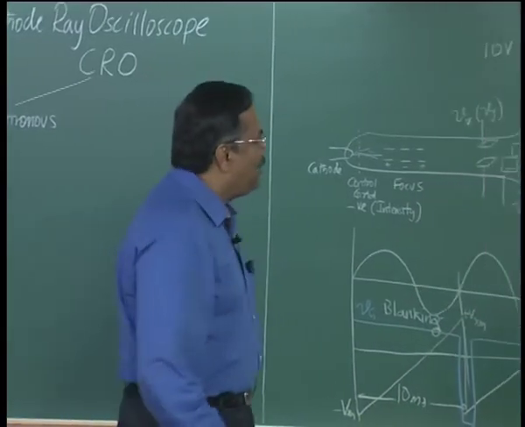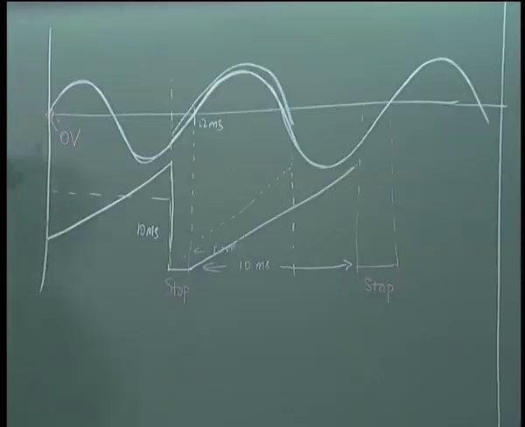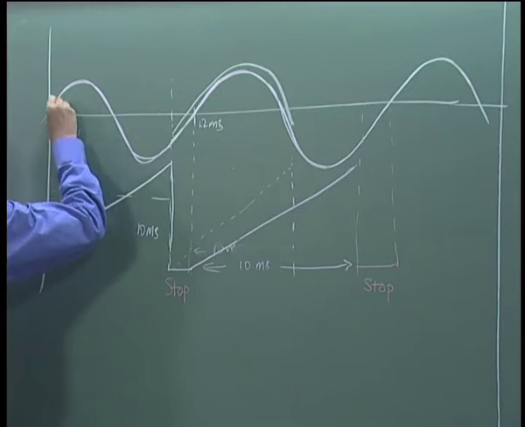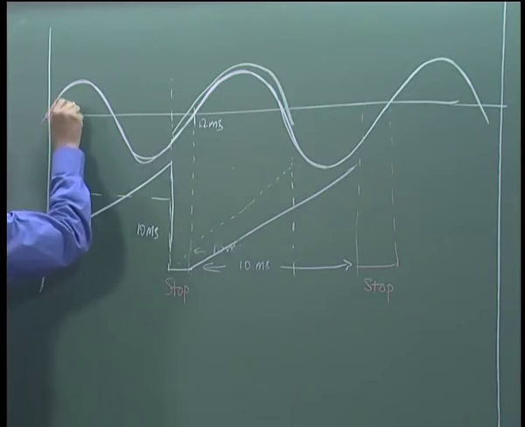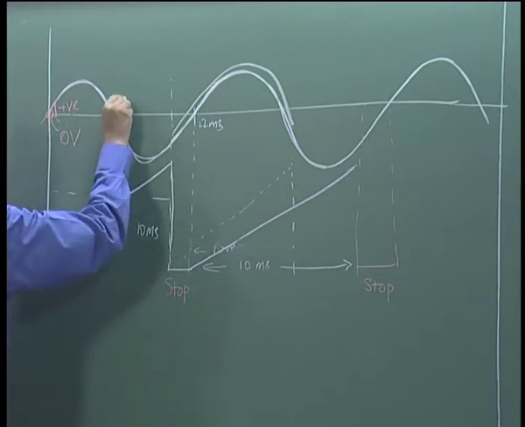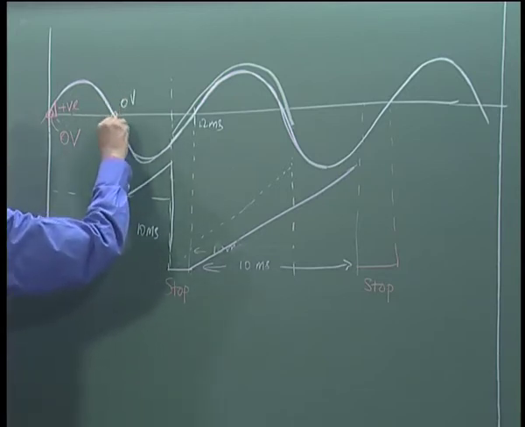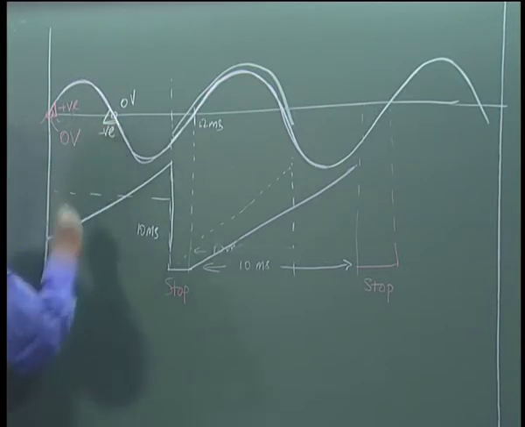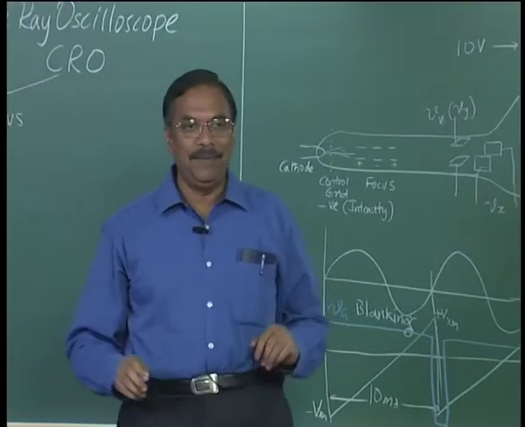So, it is not enough that I say that my starting point is 0 volts, I have to say that the slope here is positive. Now, another point I have 0 volts, this is also 0 volts, but I see here the slope is negative, right. So, the starting point can be uniquely defined if I choose these two parameters.